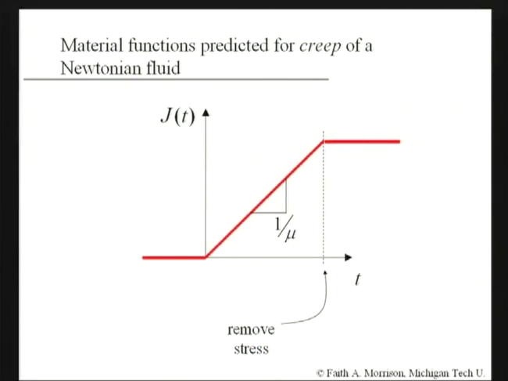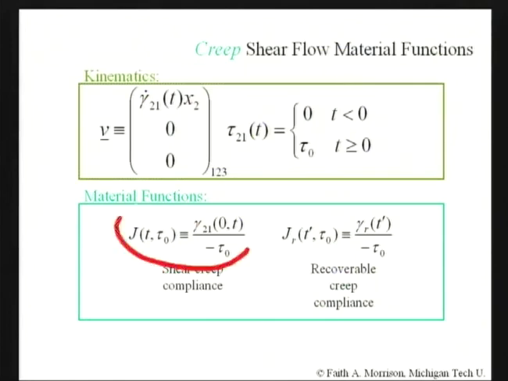Let's get a little specific, because it's always good to have a specific example. Let's try to predict what this function would be for a Newtonian fluid. And it is a little tricky.